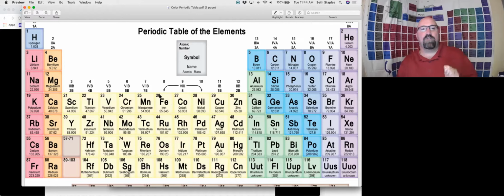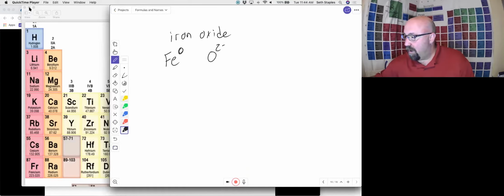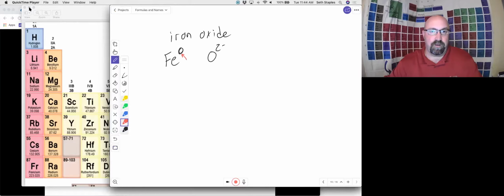We cannot use the periodic table to know what the charge on iron is going to be. You don't know what this number here is going to be if I just tell you that it's iron oxide. We need more information in the name now when it comes to a transition element.